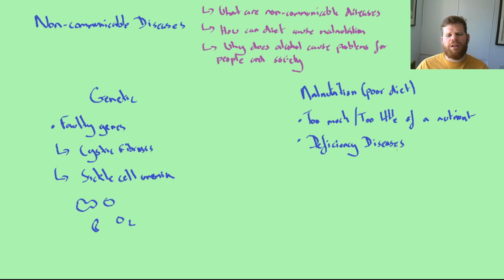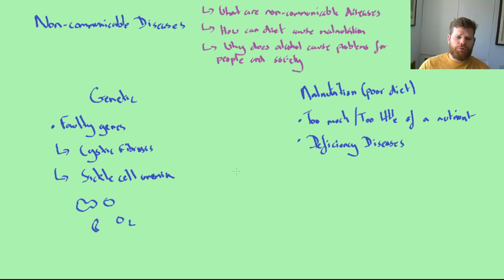Now, there are loads and loads of deficiency diseases that we could talk about, but I'm just going to focus in on the ones that you're expected to know by the exam board.